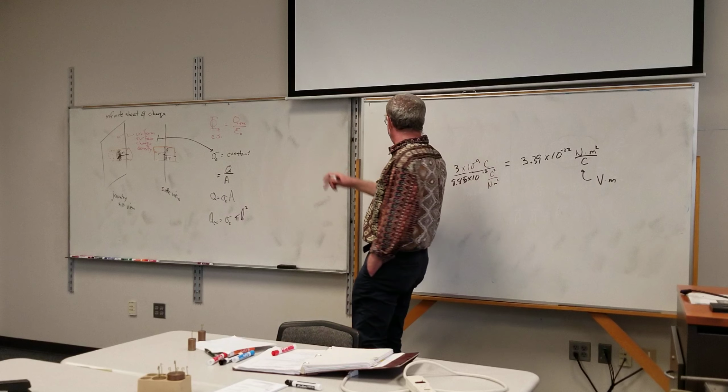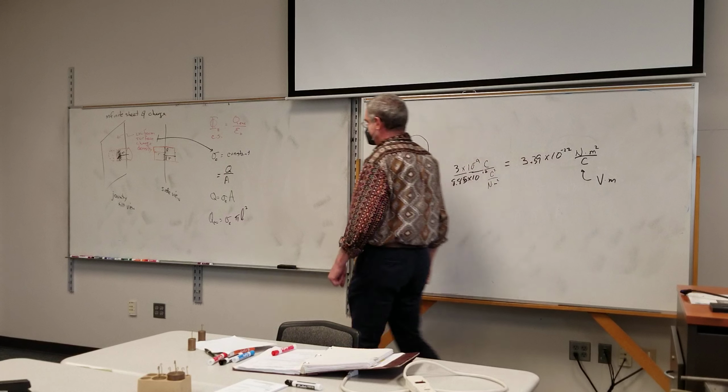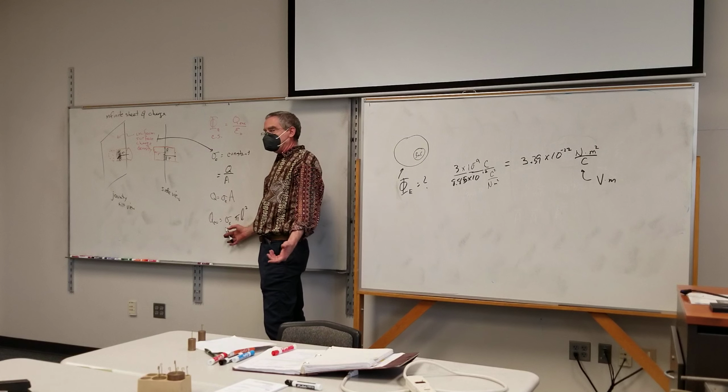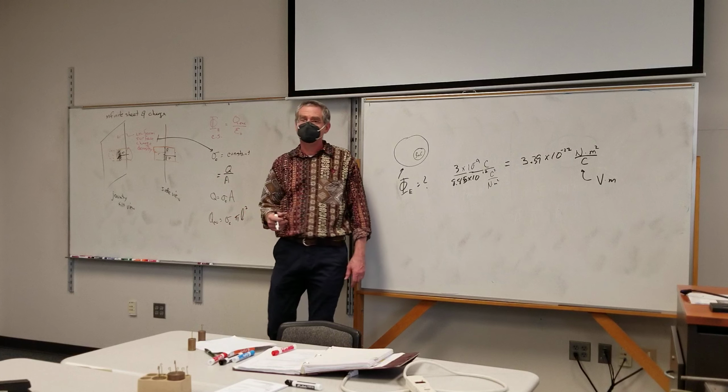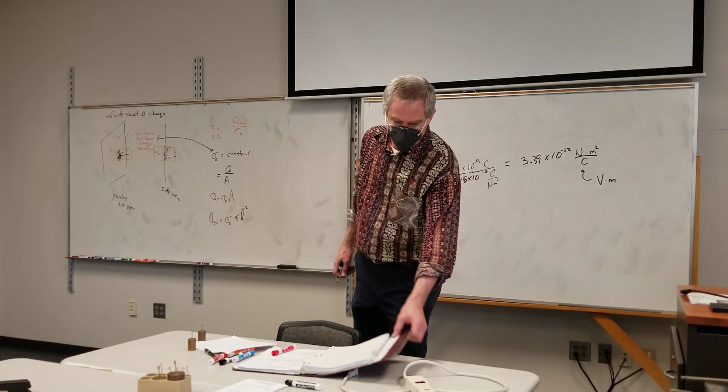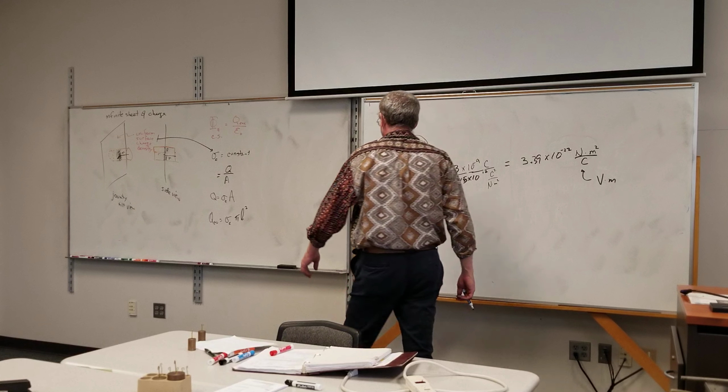So my electric flux is going to be equal to whatever my surface charge density is, pi L squared divided by epsilon sub 0. And I put it right here.